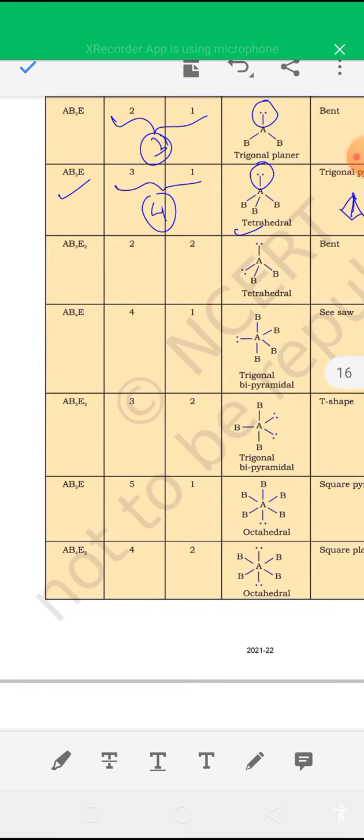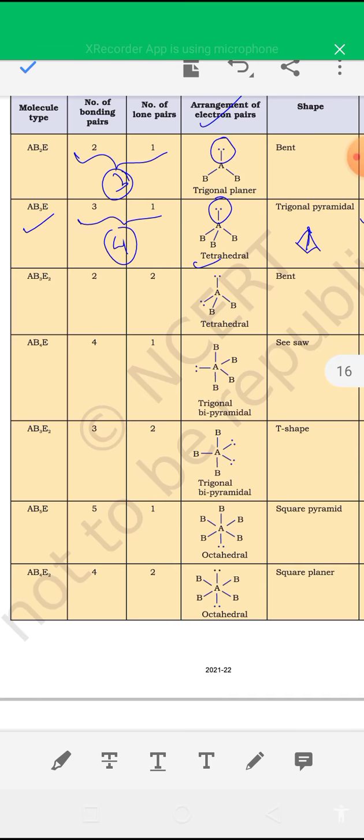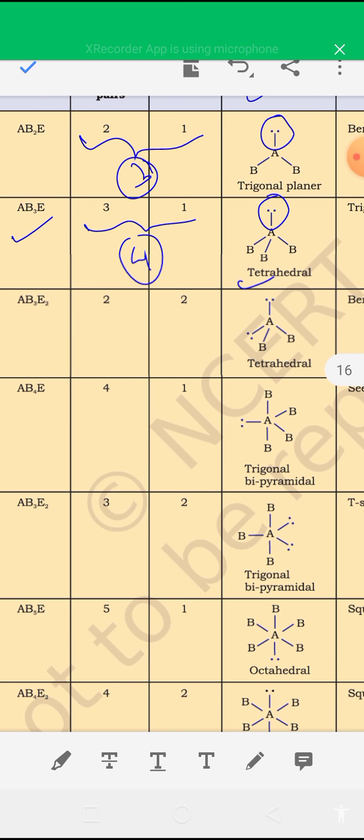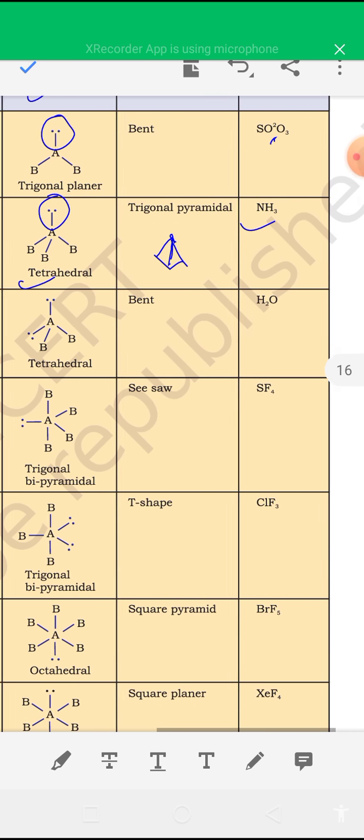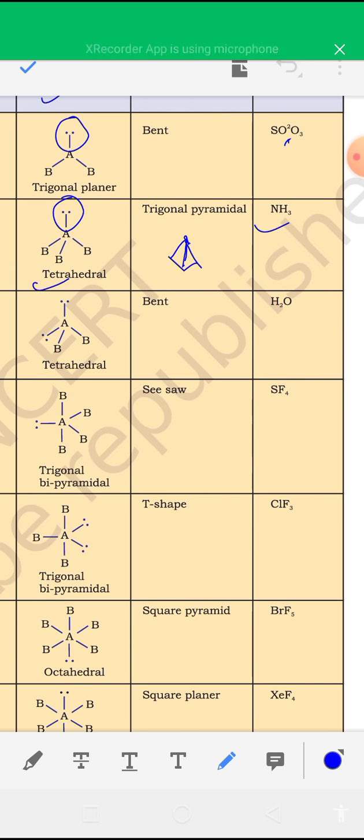Next type of compound is AB2E2, where 2 bond pairs and 2 lone pairs. Total 4 electron pairs. Water has such a type of structure, 2 bond pairs and 2 lone pairs. Tetrahedral arrangement, but the shape is bent shape, like this. H2O. In H2O it is bent shape.